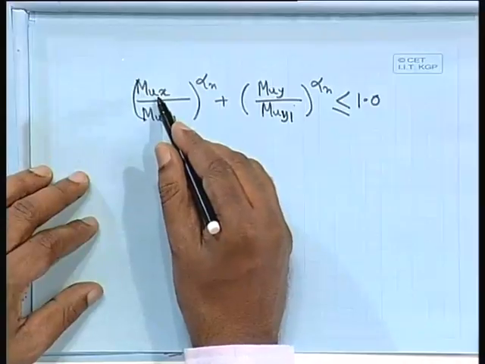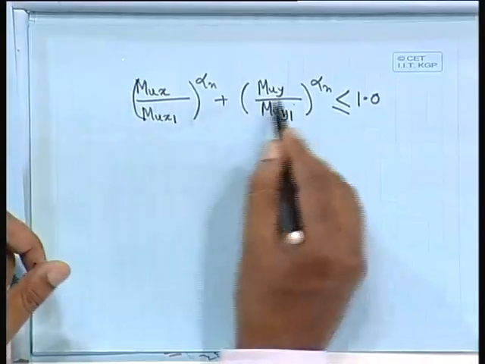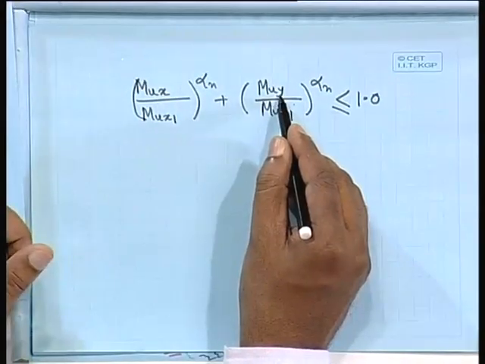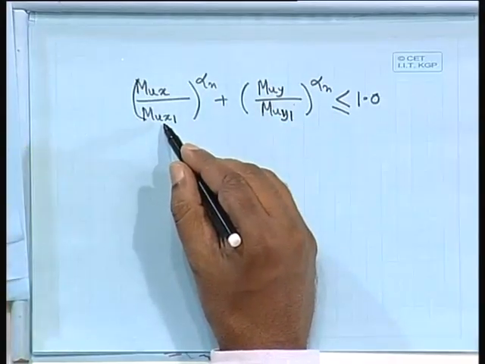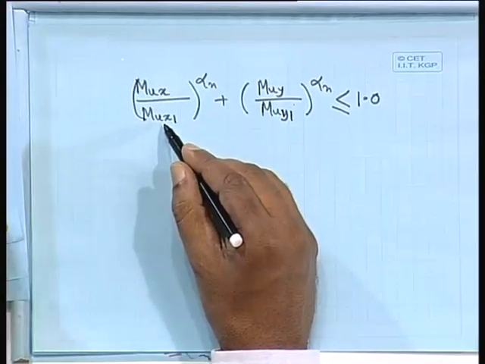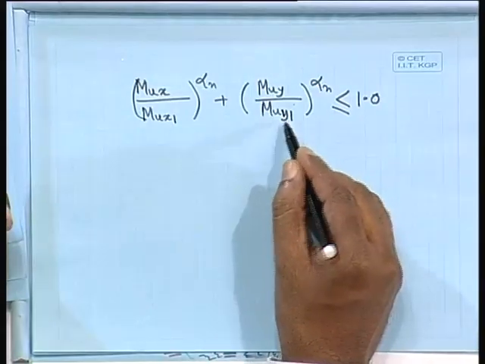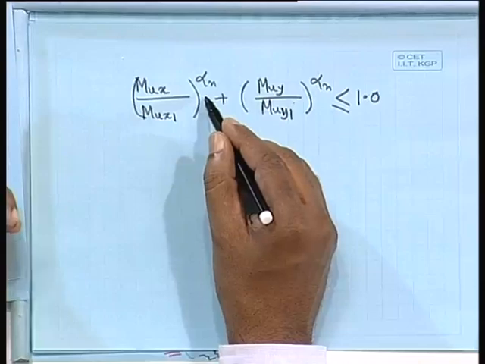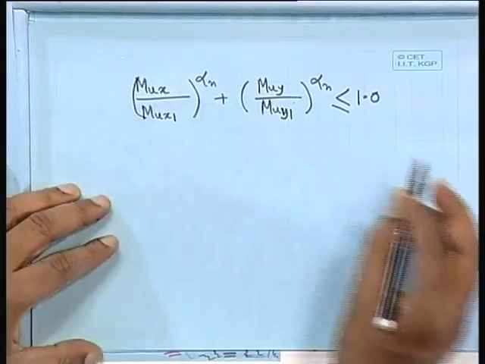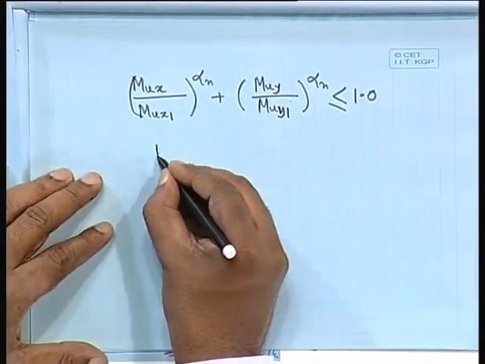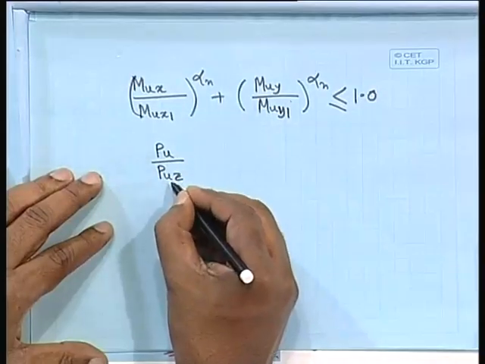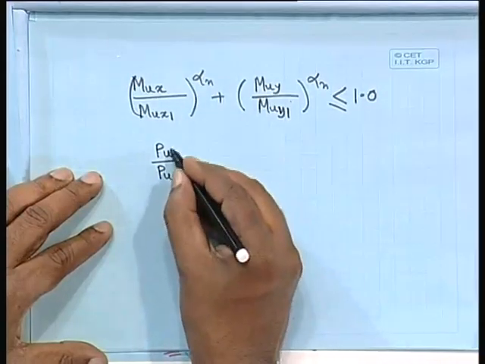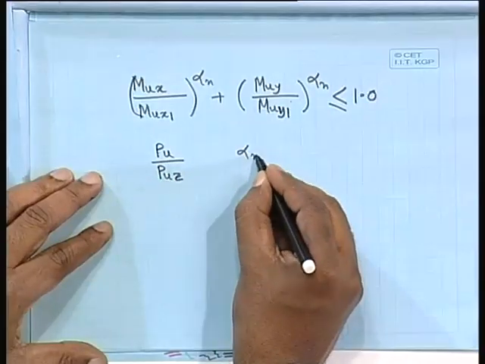I know Mux, that is given, for which I have to design. I know Muy, for which I have to design, and Mux1 and Muy1 I have got from the proper chart with D dash by D and Fy. But I do not know alpha n. What is that alpha n? Alpha n is dependent on Pu by Puz. I have already computed Puz.